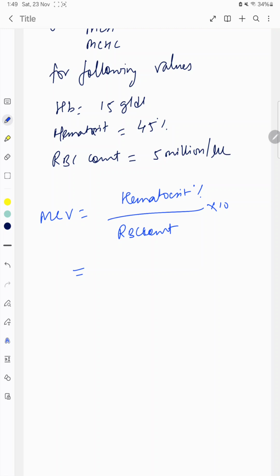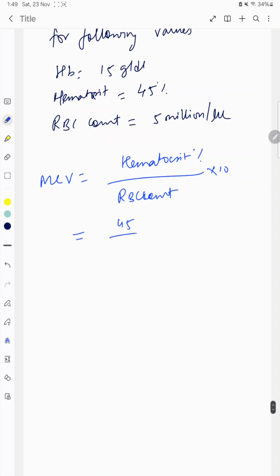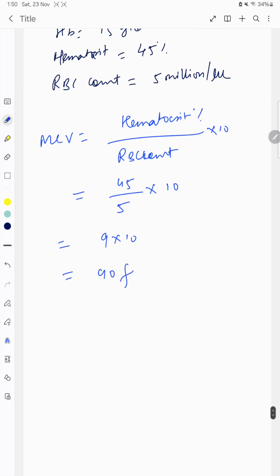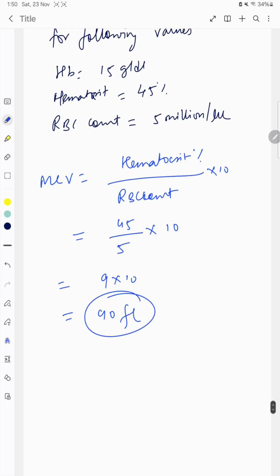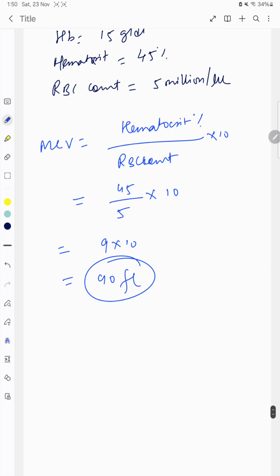The value of hematocrit is 45 and the value of RBC count is 5 million per cubic mm, into 10. So the value is 9 into 10, equal to 90 femtoliters. So for the following findings, MCV is 90 femtoliter.